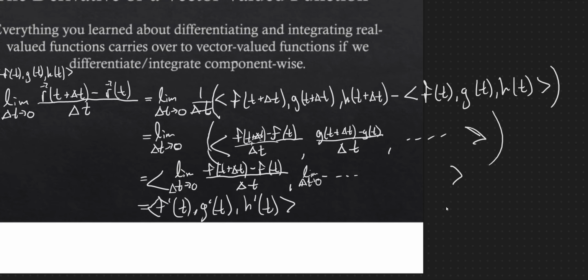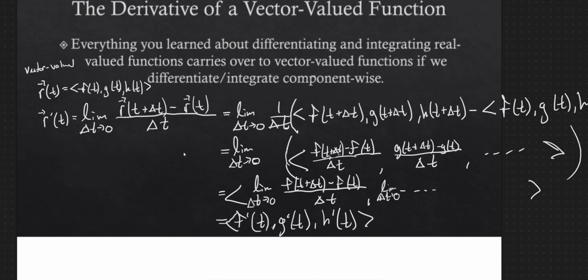And we uncover a very important fact about derivatives of vector valued functions, and that is the derivative of a vector valued function is done component wise. It's the derivatives of each of the components. So we say, right, these vector valued functions are differentiated component-wise.